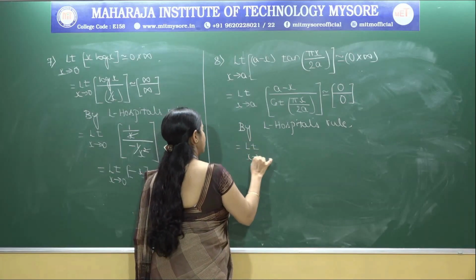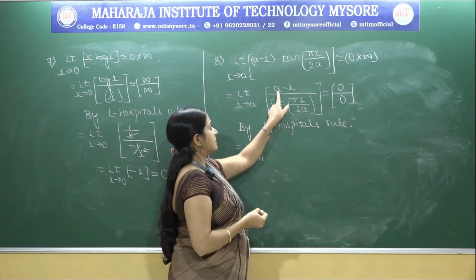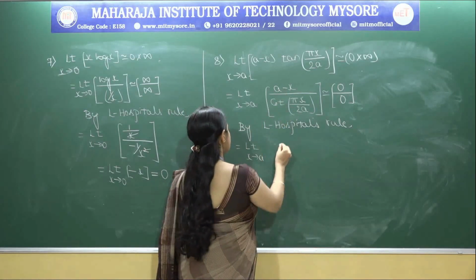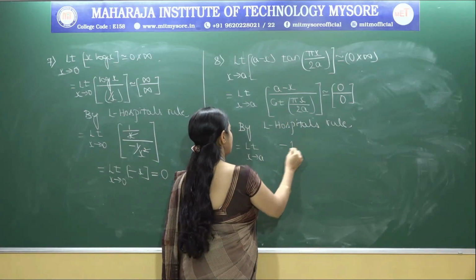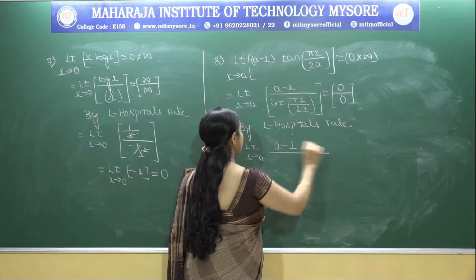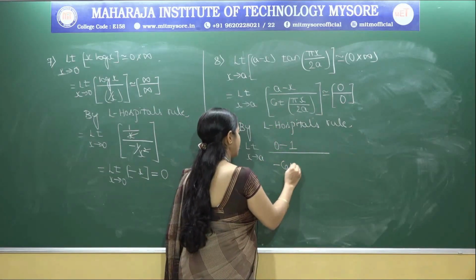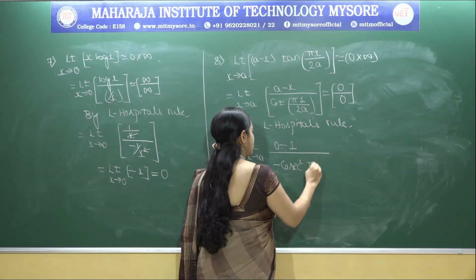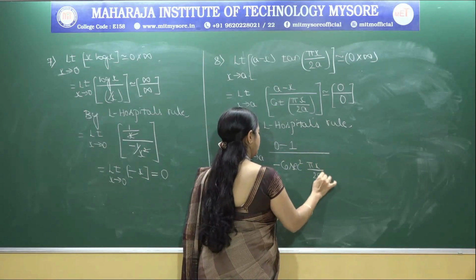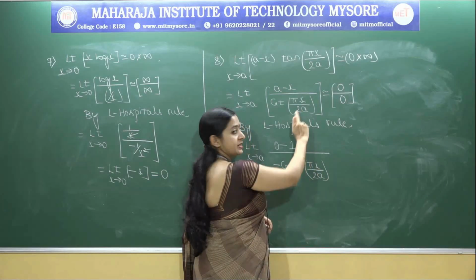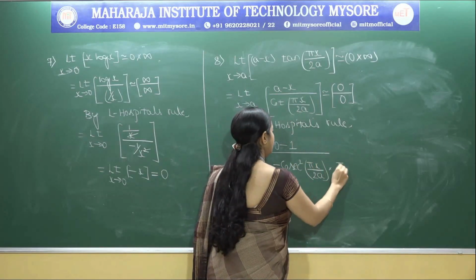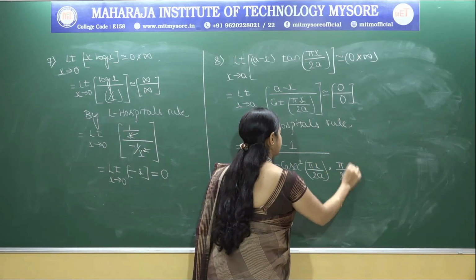limit of x tends to a, since a is constant, the differentiation is 0, x differentiation is 1, denominator cot x differentiation is minus cosecant square of pi x divided by 2a, differentiate pi x by 2a, you will get pi divided by 2a.